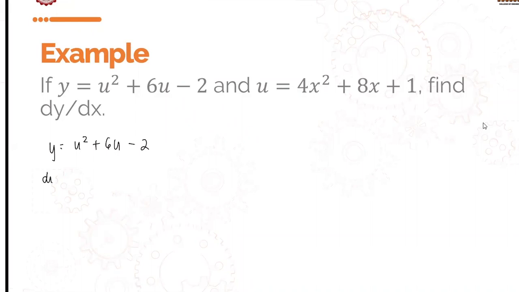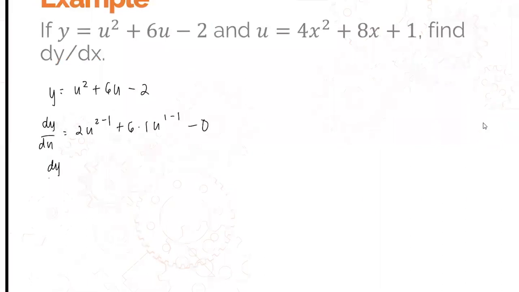So, yung dy natin in terms ni u is 2u raised to 2 minus 1 plus 6 times 1, u raised to 1 minus 1, minus 0. So, we have dy over du is equals to 2u plus 6u raised to 0. So dy over du is equals to 2u plus 6. Okay?